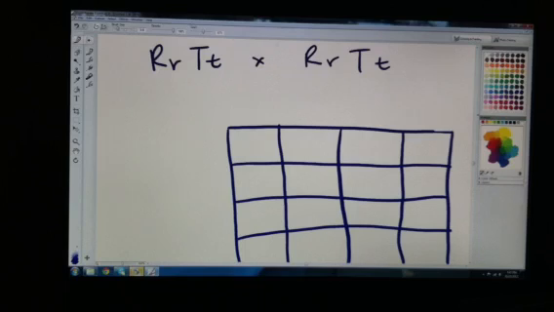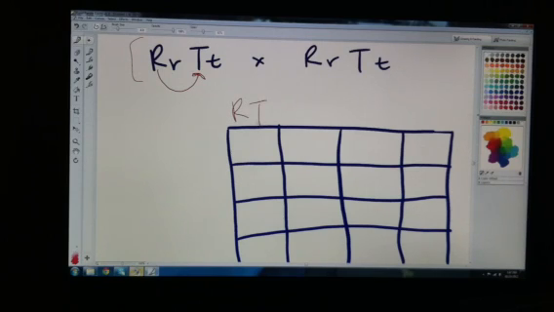Now, what you're looking for, remember this is the diploid parent right here, and so we want to see what their possible gametes can be. Because of Mendel's law of independent assortment and law of segregation, this R, this dominant allele, could very easily end up in the same gamete as the large T. So that's what we write here.